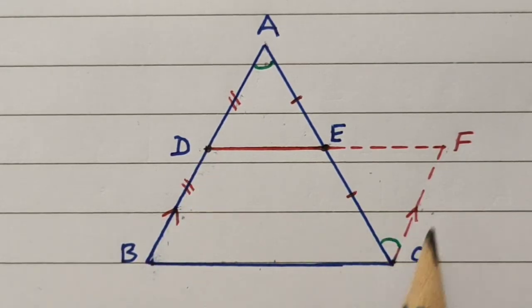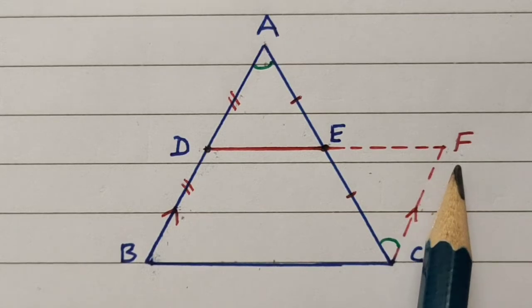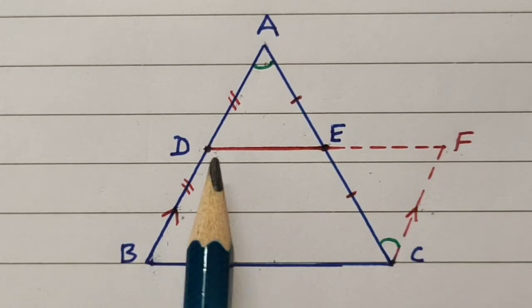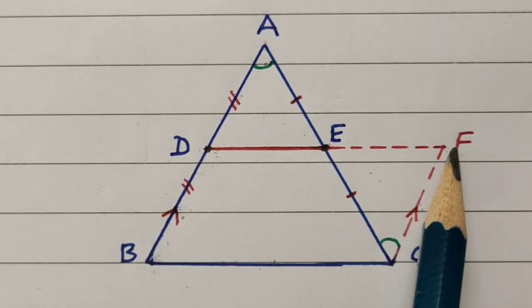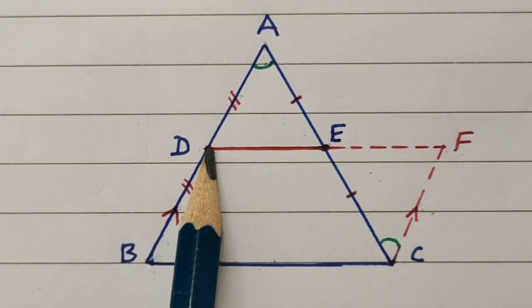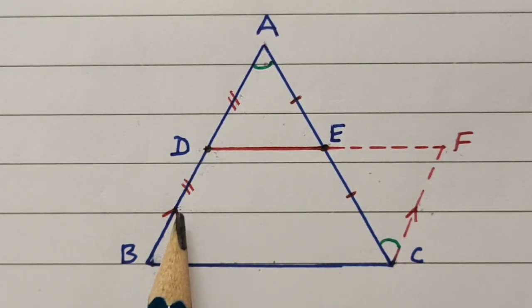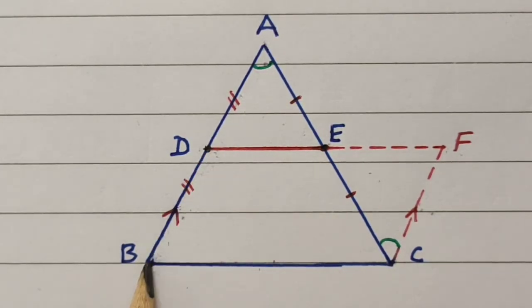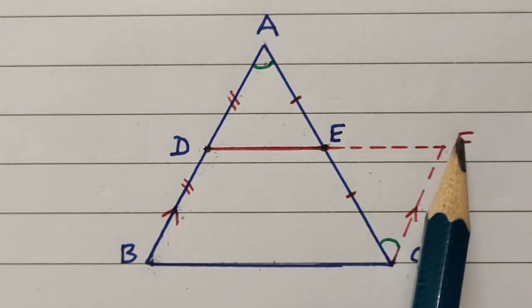BD is equal to CF and BD is parallel to CF, since by construction AB is parallel to CF. BD is equal and parallel to CF because AD is equal to BD. Therefore DBCF is a parallelogram.